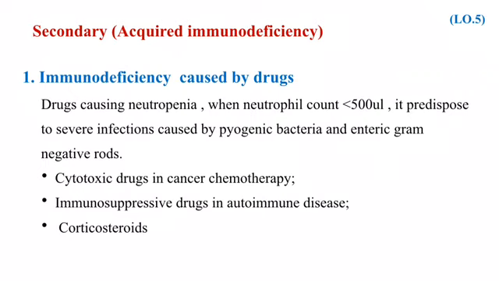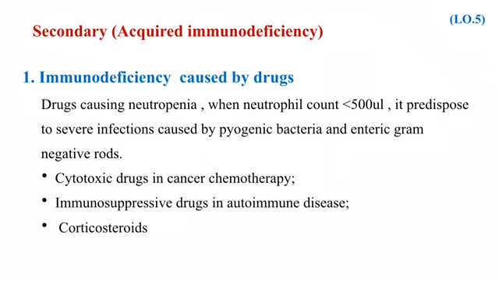Drugs causing neutropenia, where the neutrophil count is less than 500 per microliter, predispose to severe infections caused by pyogenic bacteria and enteric gram-negative rods. When drugs reduce neutrophils to a low count, it can result in severe infections caused by pyogenic bacteria and enteric gram-negative rods. The patient is predisposed to these infections because the neutrophil count is very low.